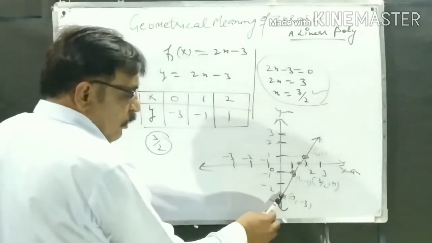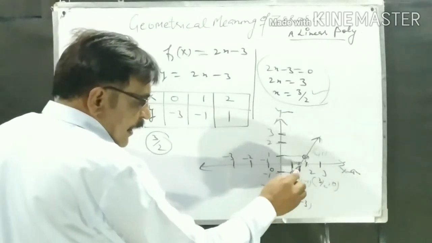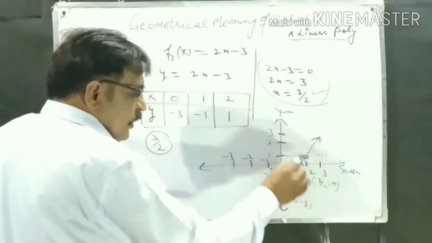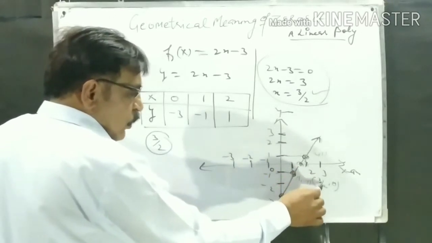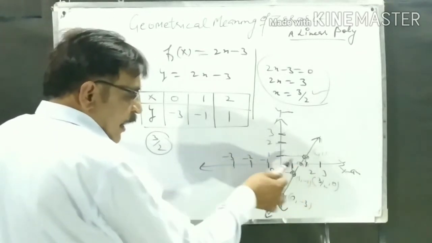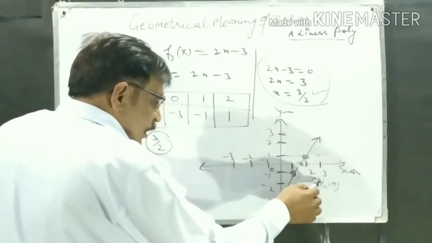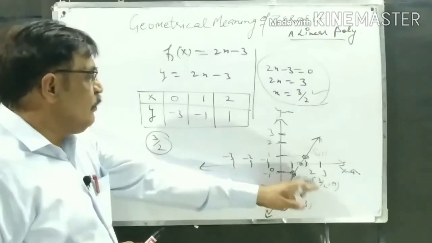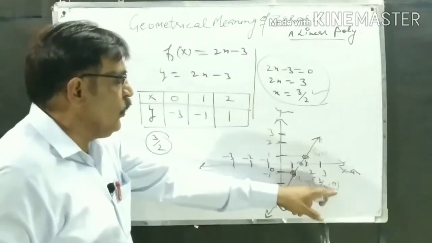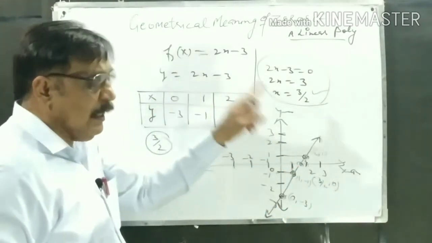This straight line is doing one thing, that is intersecting the x-axis at a point. This is the point, at the value of x is 3 by 2. This intersects the x-axis. It means 3 by 2 is the value of x which makes y 0. It makes the given polynomial 0.